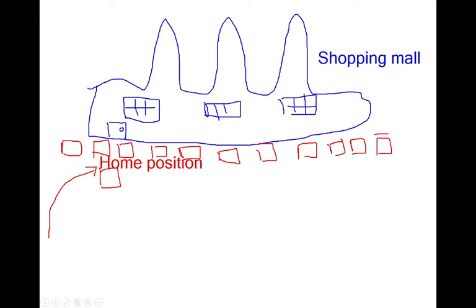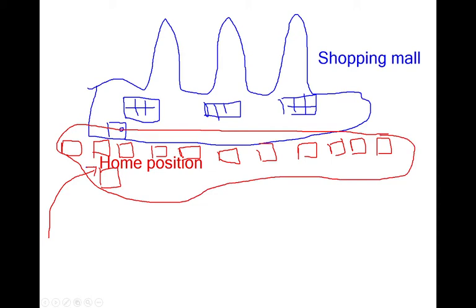So if you see here, there is a whole group of cars which has ended up being parked here. This whole group of cars, you can call it a cluster, right? And maybe there is another shopping mall here. This may be a small shopping mall.